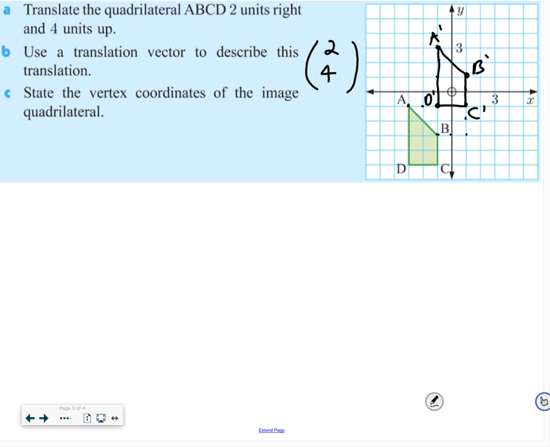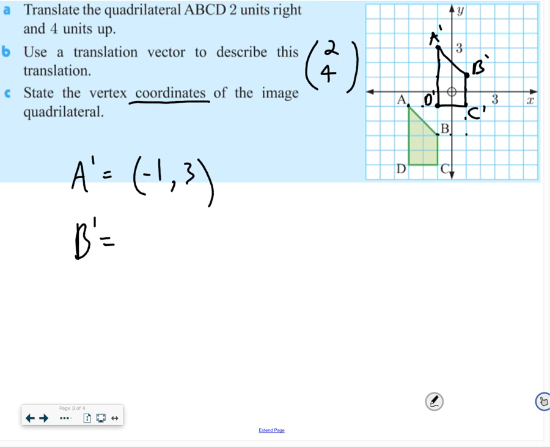Okay, state the vertex coordinates of the image of the quadrilateral. So state the coordinates. So I can look there and say, all right, A primed is the coordinates of -2. Sorry, that's -1, and 3.